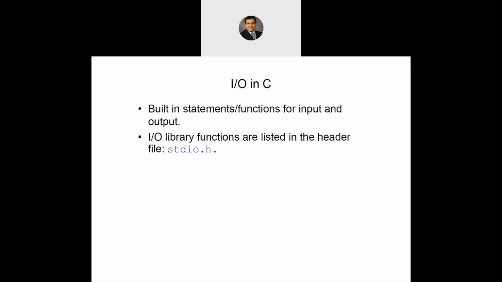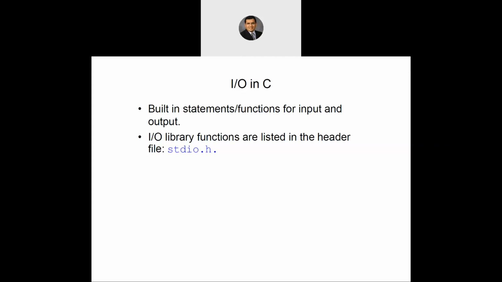Input output in C, you have been doing it since the beginning of coding in C, since the beginning of using any kind of compiler, even Linux or Dev C++. Whenever you do C programming, you always use a header file, which is the stdio.h header file.